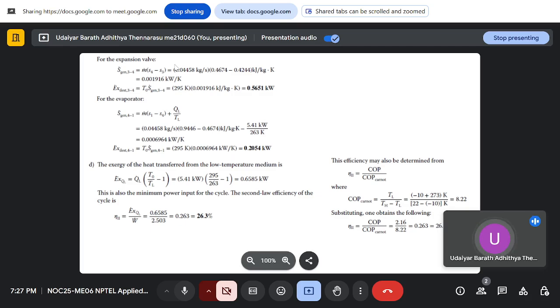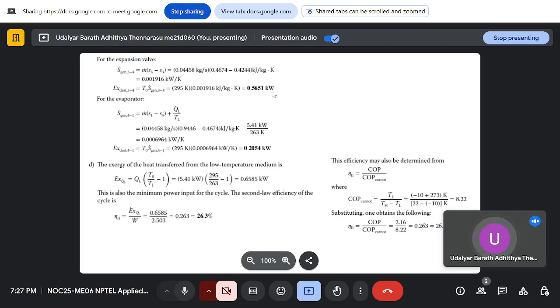For the expansion valve, similarly your entropy generated is m dot times S4 minus S3, which comes out to be 0.001916 kilowatt per Kelvin, and exergy destroyed will be 0.5651 kilowatt.